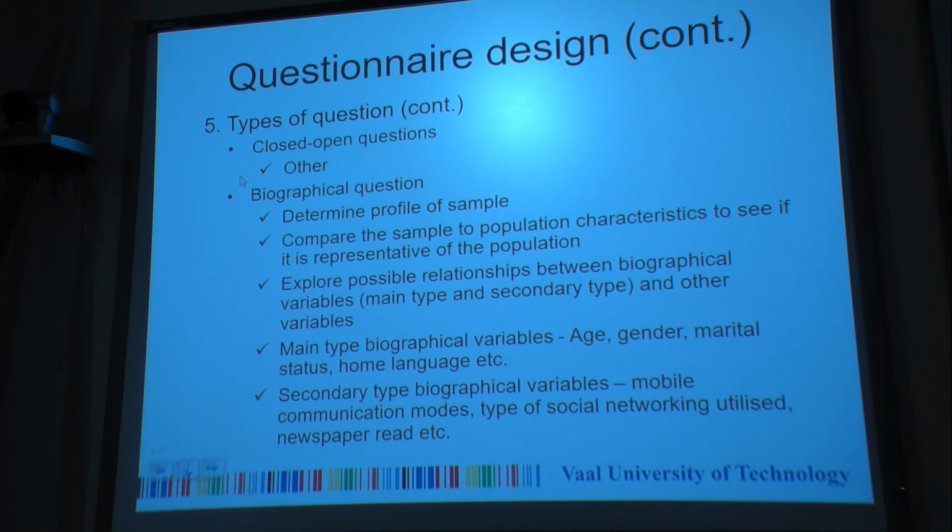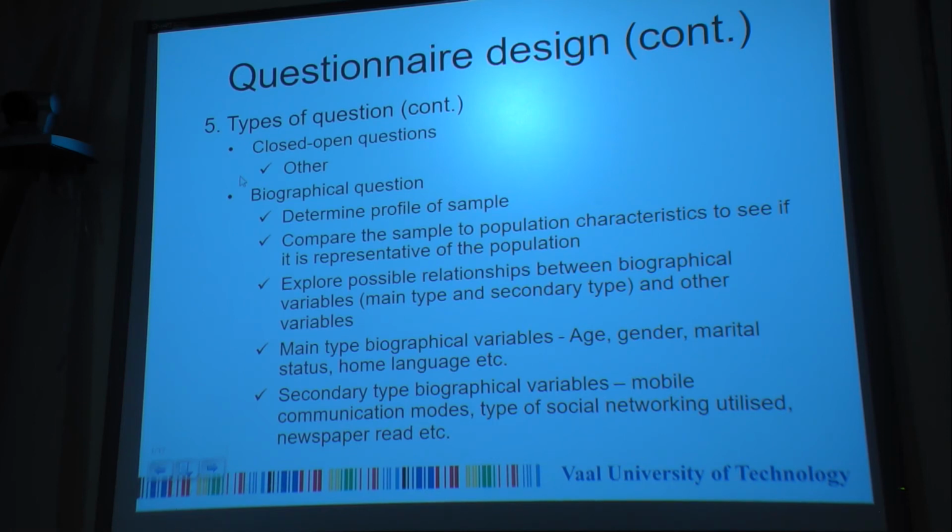And then you can use those variables to also correlate with some of the other things that you're asking. So if you want to see if there's a relationship between gender and whether or not people will revisit the specific festival, one can correlate that because you've asked that in a biographical section as well.